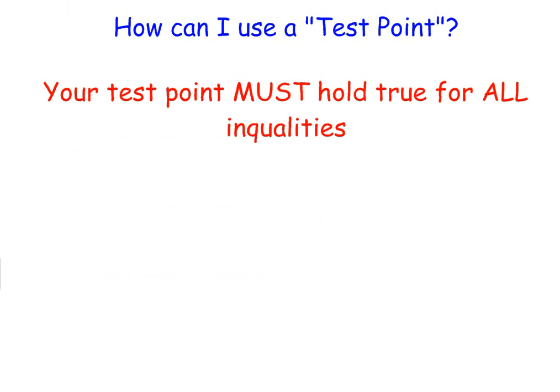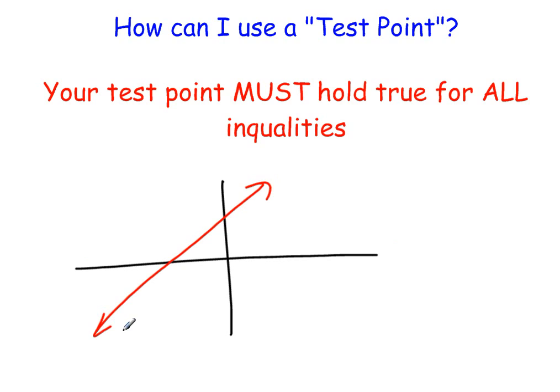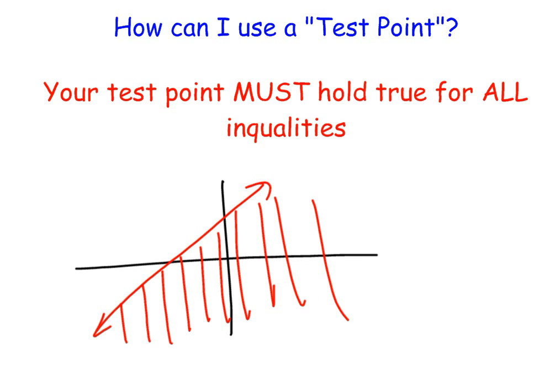So how do we use a test point? Well, you could do individual test points, but at the end, if you want to find out if your shaded area is correct, let me give you a slight example. Let's say I have a line here, and I know I shade below. Then I graph a different line, and I know I need to shade above.